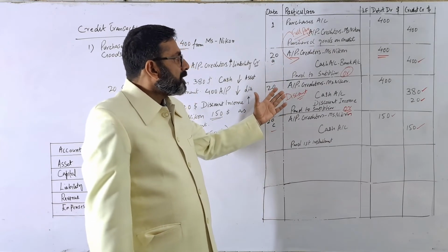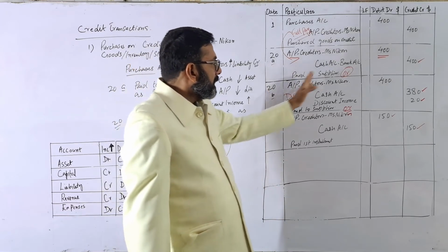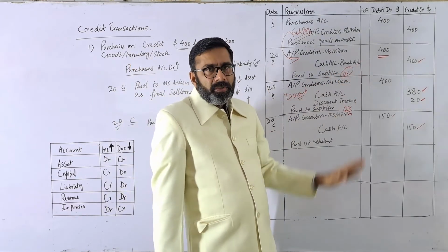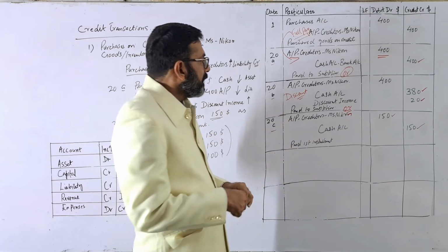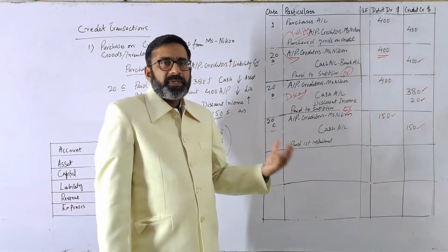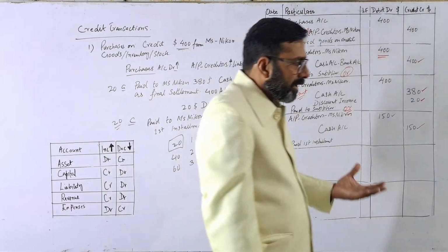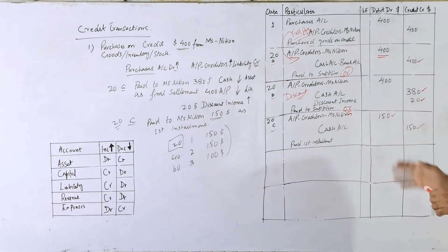Later on, the first option is that you pay the 100% amount after 20 days. So what happened? The cash or bank account is credited and your liability is finished. Now the second option, or option B, is that you are not paying the 100% amount, you are getting some discount from the supplier, a $20 discount, so you are paying only $380.